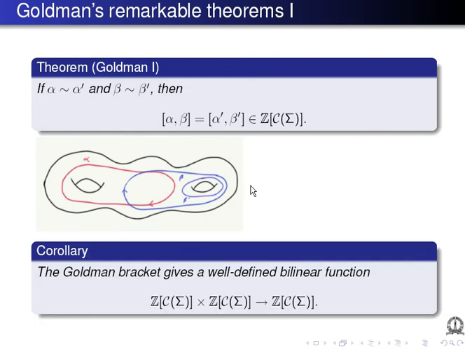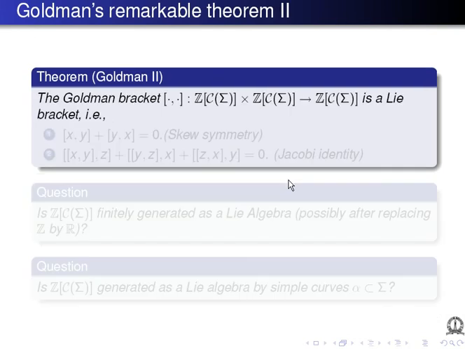It tells you that you get a well-defined bilinear functional from the free abelian group on closed curves times itself to itself. So you have a bracket, or product, whatever you like to call it. Well, the second remarkable theorem is that this is a Lie bracket.